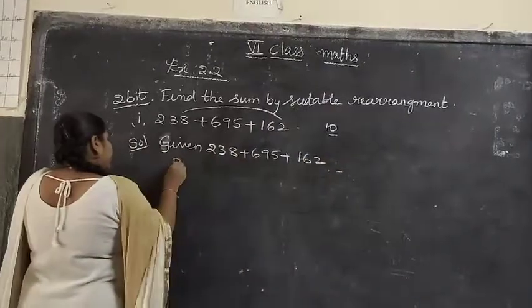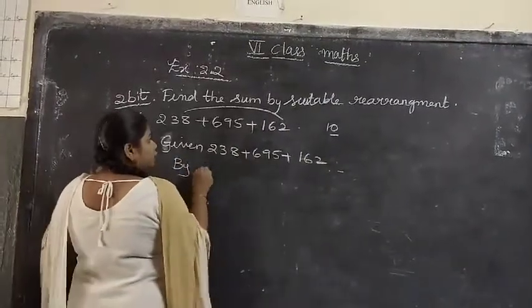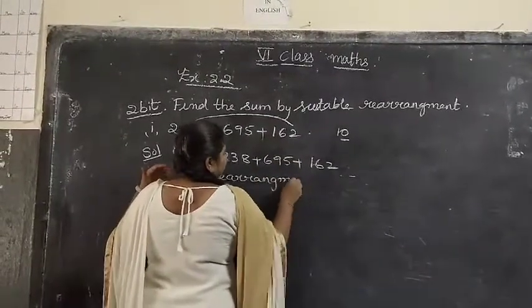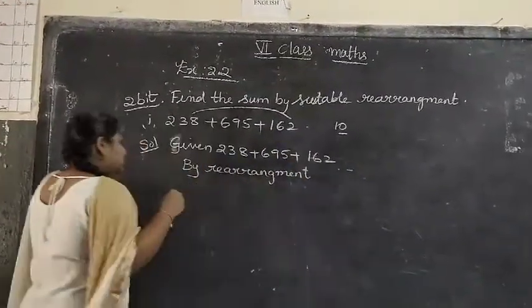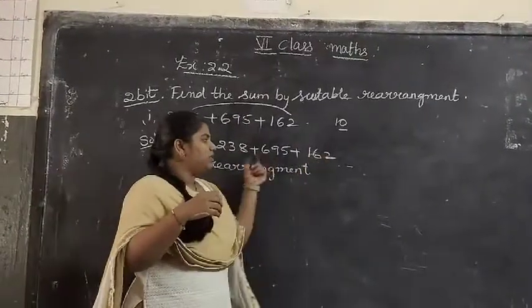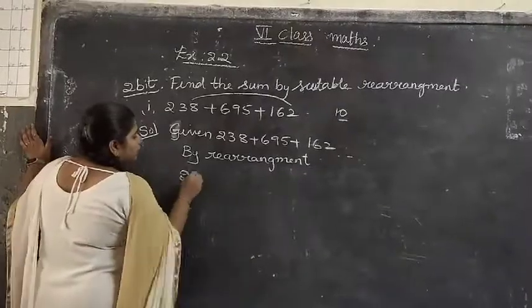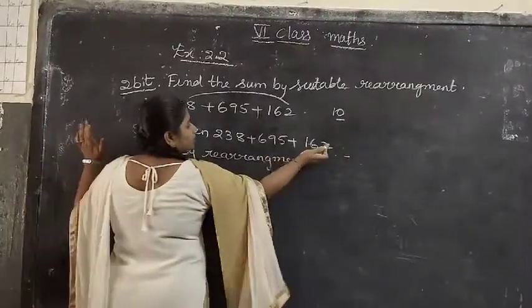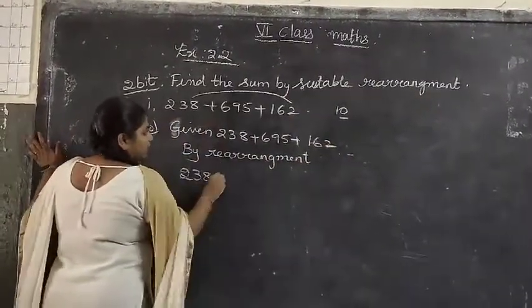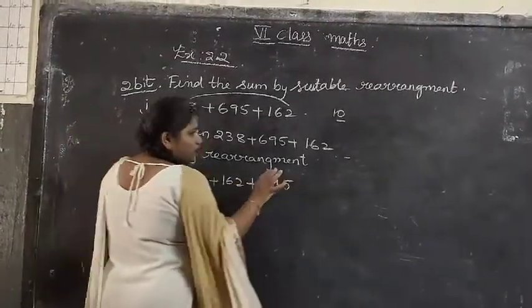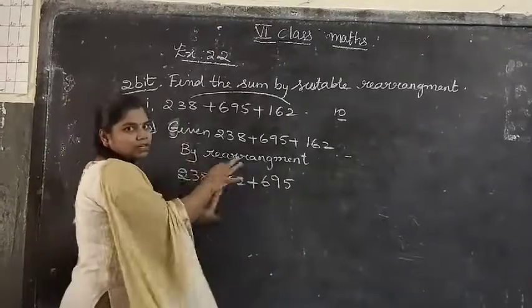So by rearrangement, how to rearrange this? If you add any two whole numbers, the units place should be equal to 0. So how am I rearranging here? 238, and bring this 162 to this side. That is plus 162 plus 695. I am not transposing any terms, I am just shuffling the numbers here.